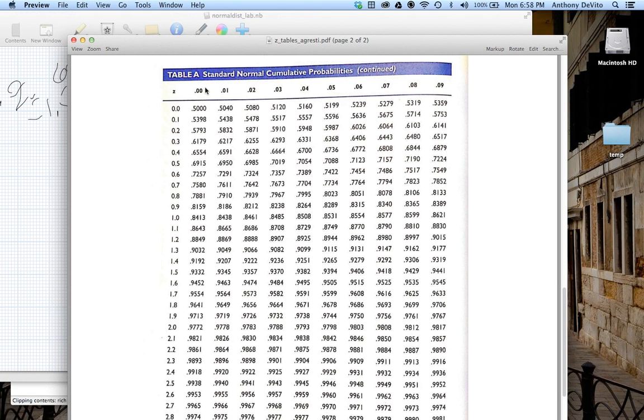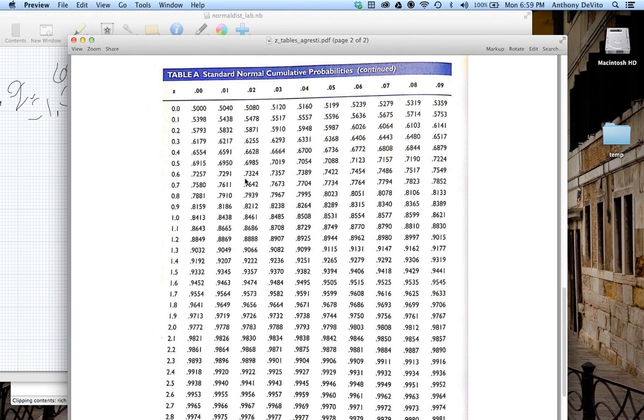So this would be 1.00 right here, 1.01, 1.02, 1.03, 1.04, and so on and so forth. So each one of these columns represents the third digit in your z-score.